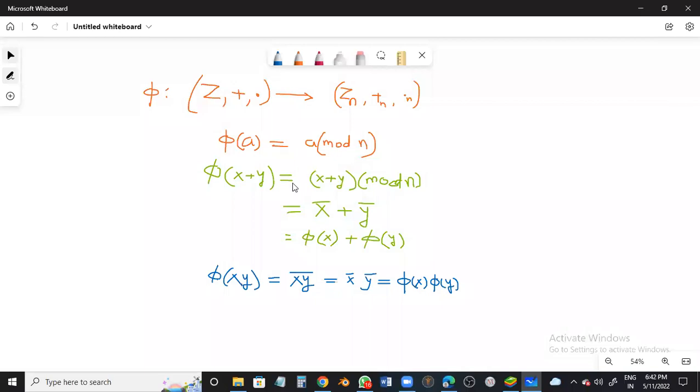You can show that phi preserves addition and phi preserves multiplication also. I hope you can take a screenshot of this. You can formulate your own question out of this and write down the answer.